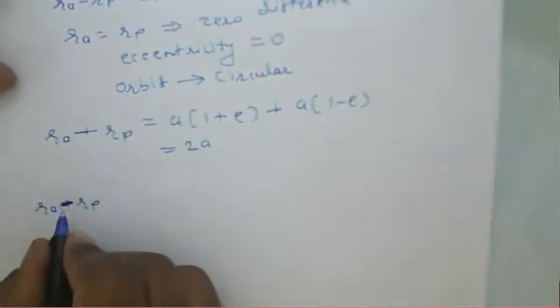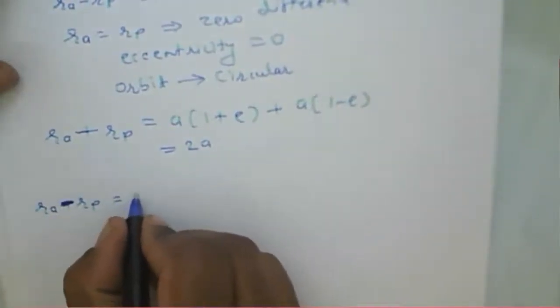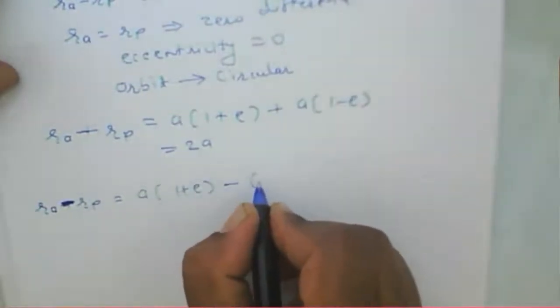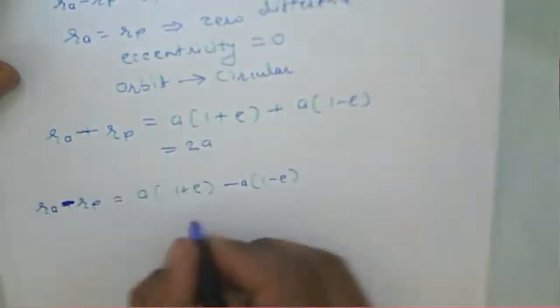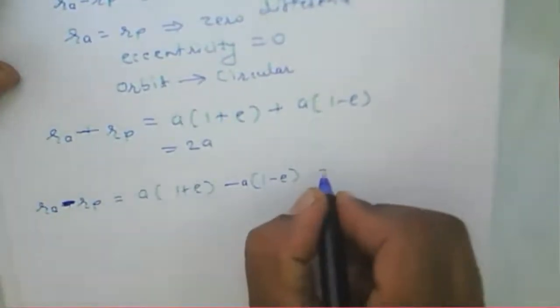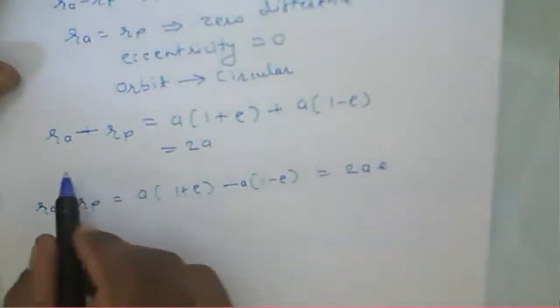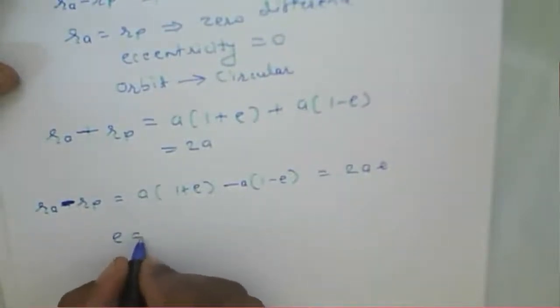If you solve it, you get twice A. And RA minus RP is equal to A into (1 plus E) minus A into (1 minus E), which gives twice AE.